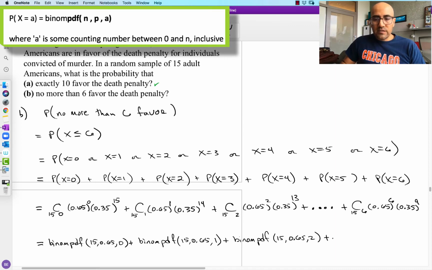And again, we see the pattern, dot, dot, dot, plus the last one.